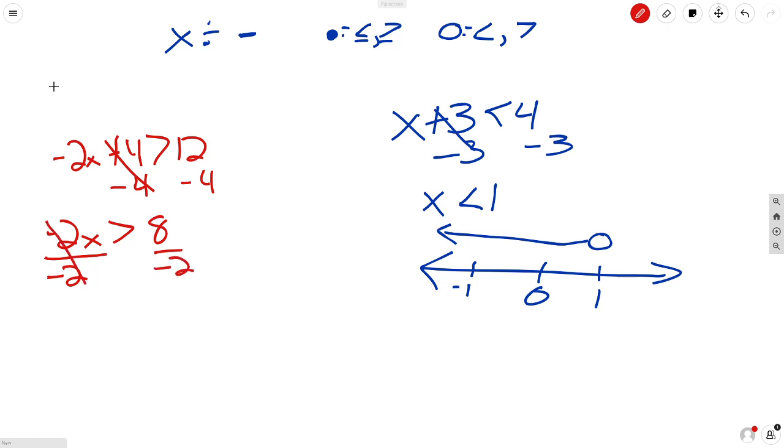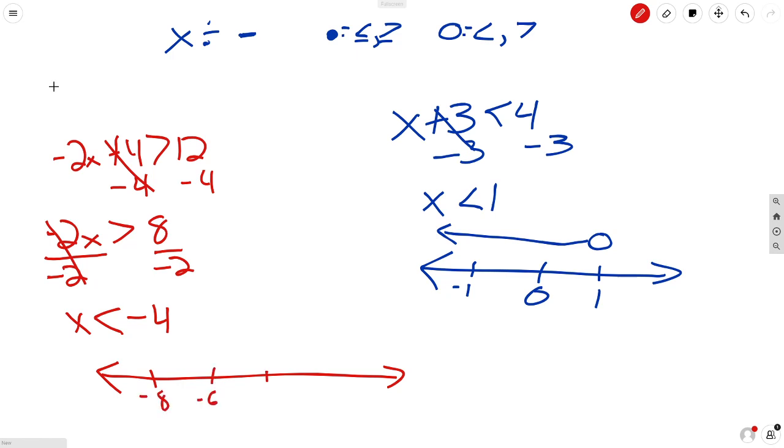Because I divided by a negative number, I'm flipping the sign. So x is less than -4. So we're not including the number. It's all the numbers less than -4.